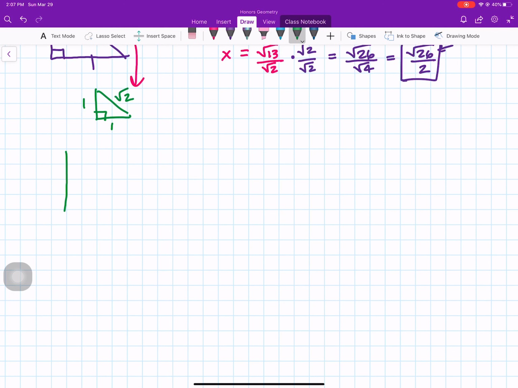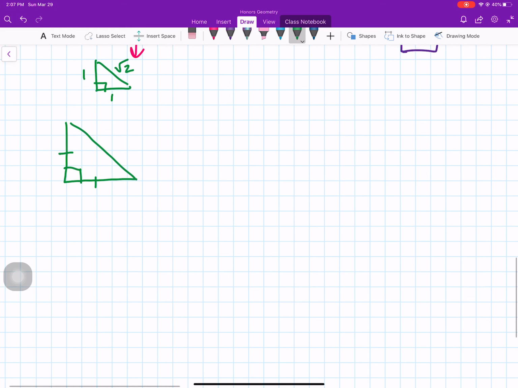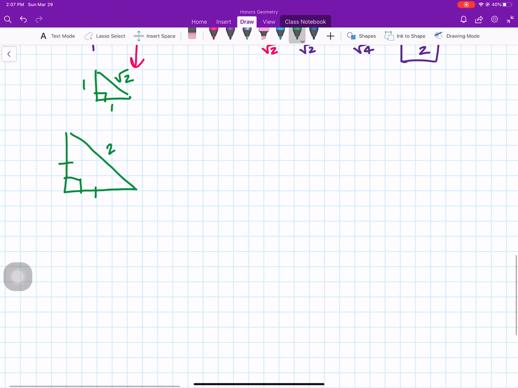Let's do one. How about this time the hypotenuse is just 20? Again, you're still comparing it to the normal 45, 45, 90, which is 1, 1, and root 2. So you have x over 1 equals 20 over root 2.